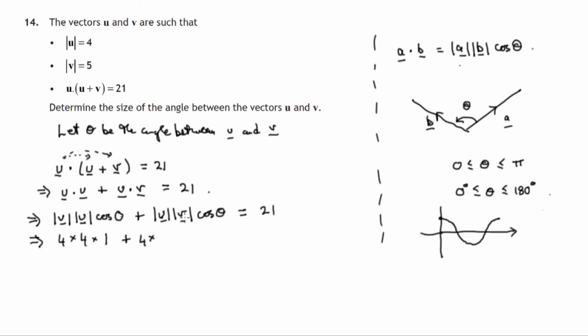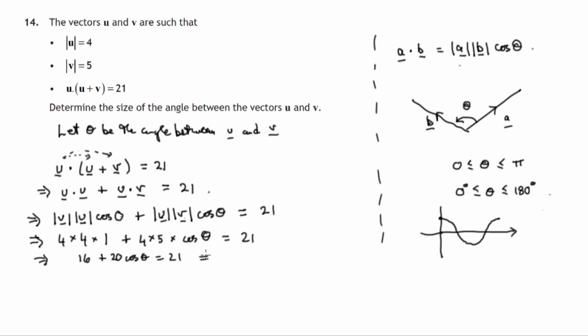We're also told the magnitude of v is 5. And as yet we don't know the cosine of theta because we don't know theta. We're attempting to find theta. So this first product is 16. 4 fives are 20. 16 plus 20 cos theta is equal to 21.